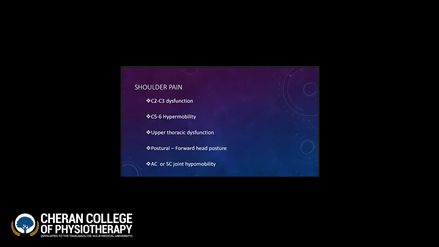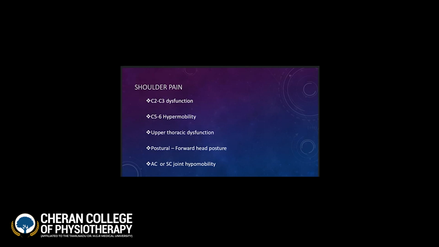So the shoulder pain can come from a C2-3 dysfunction. Cervical 2 and 3 is unique in its nature because C1 and C2 is called upper cervical spine, and anywhere from C3 to C7 is lower cervical spine. I know there is a mid cervical spine, but we don't use that.